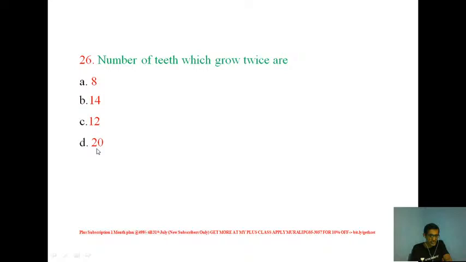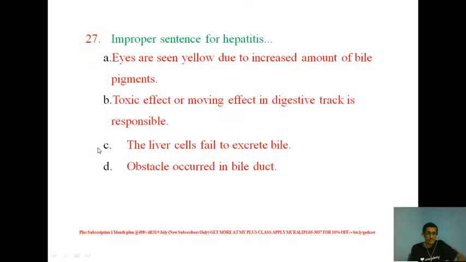Okay, for 26. Now 27: improper sentence for hepatitis. Hepatitis B virus attacks the digestive system. Eyes are seen yellow due to increased amount of bile pigment. Yes, that is right. Then, toxic effect or moving effect in the digestive tract is responsible. Actually, this is a non-relevant sentence, an improper sentence for hepatitis.